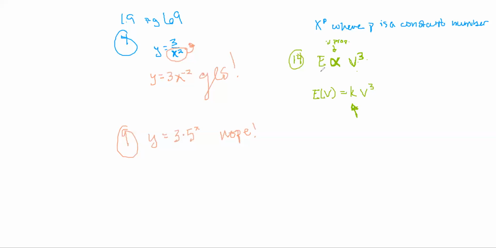So all this is saying is that if V cubed goes up, then E is going to go up. And the amount that E goes up depends upon K. So if it were just E is equal to KV, and V were to go up by 1, then E would go up by K. Make sense?